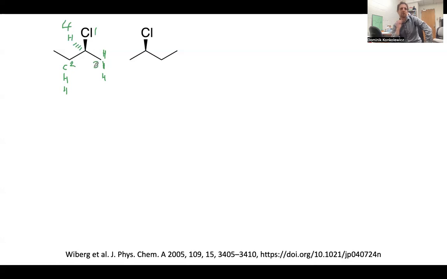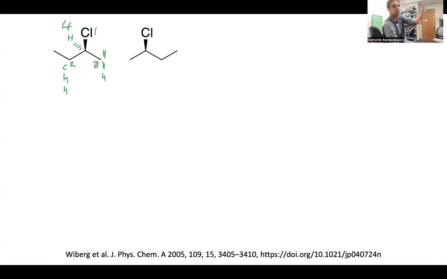So if we go ahead and try to assign the stereochemistry to this particular molecule, we can use, say, our hand method that we have in our other YouTube video. So we can line up our hands with the low priority group being lined up with our thumb. The low priority group in this case points into the screen.